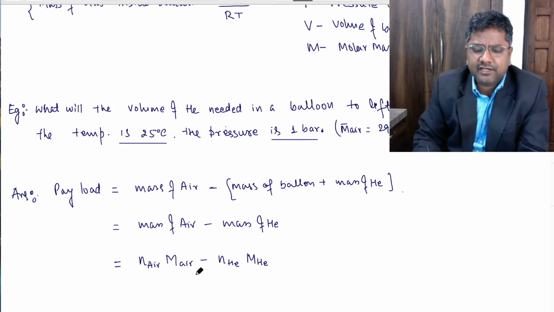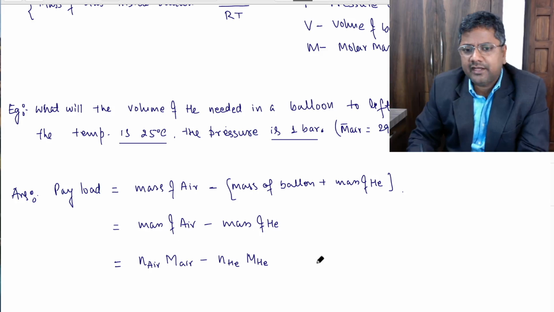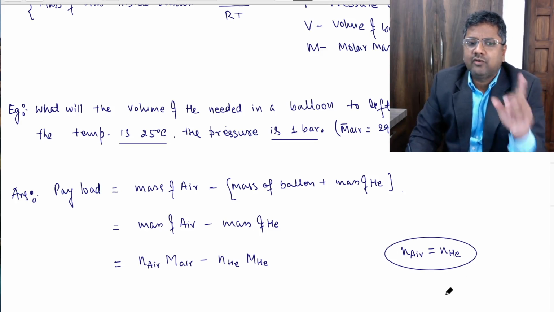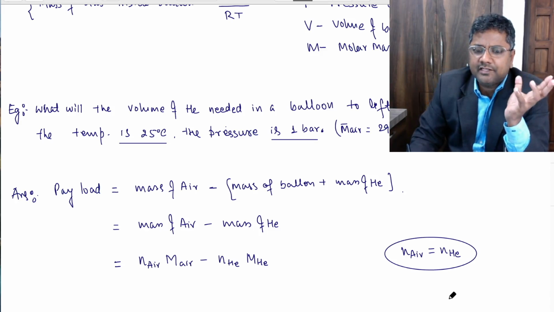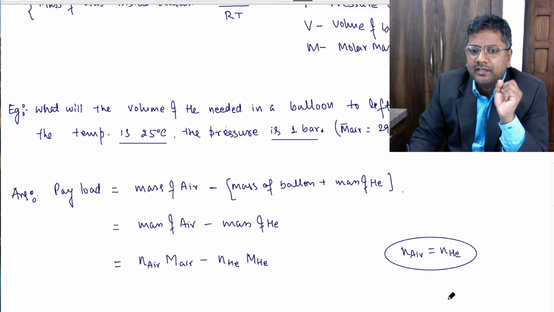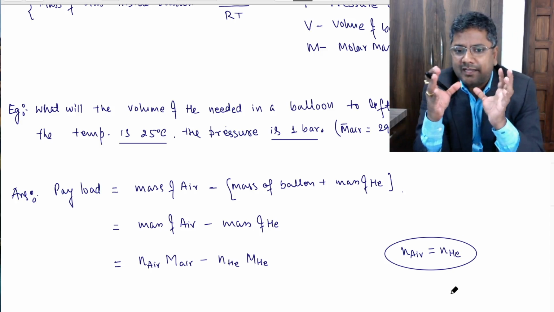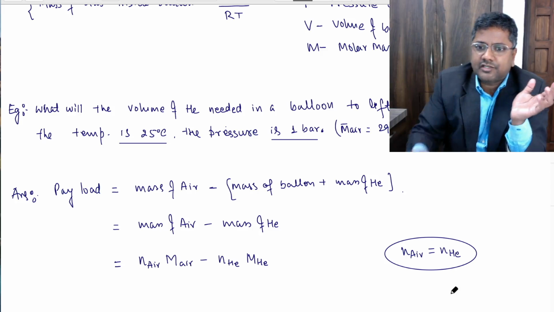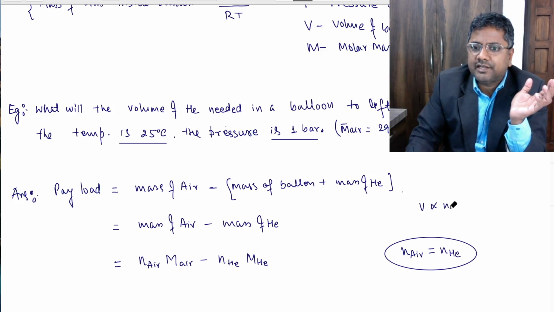Just manipulation is required. We can write that the moles of air is equal to the moles of helium. How can we write this? What is the volume of air displaced? The volume of air displaced is equal to the volume of balloon, and the volume of balloon is basically the volume of helium. Temperature and pressure are constant, so volume is directly proportional to the number of moles, Avogadro's law.